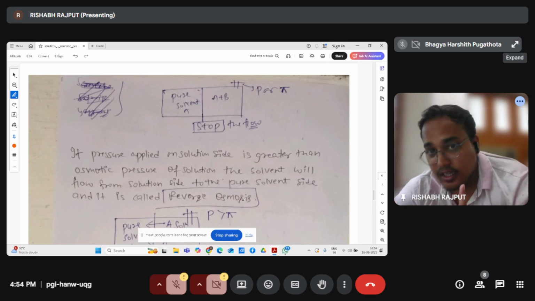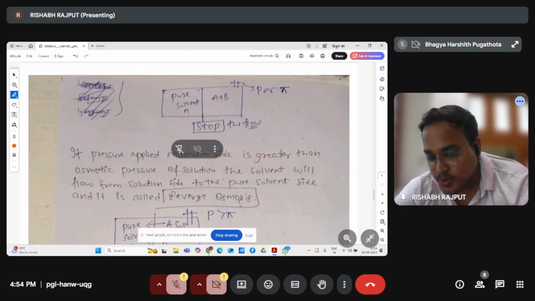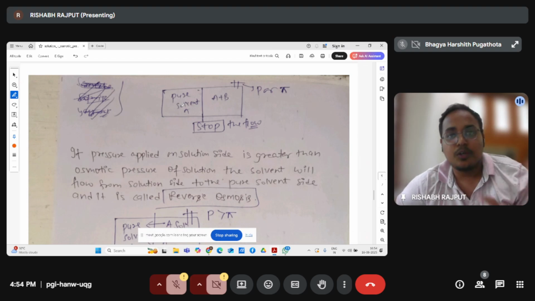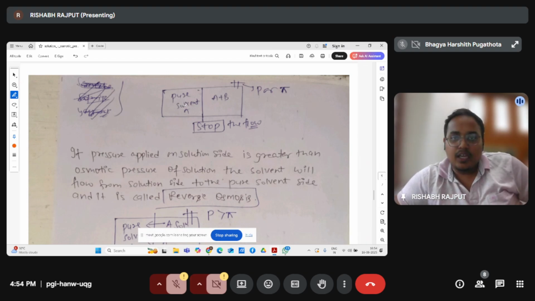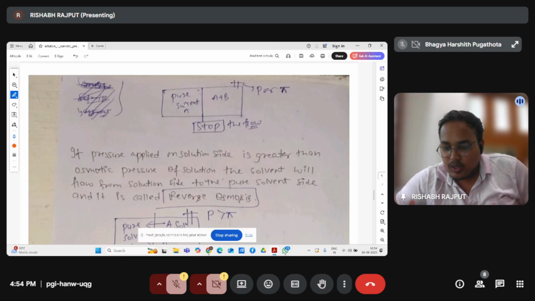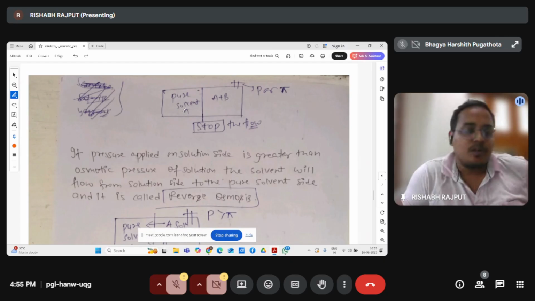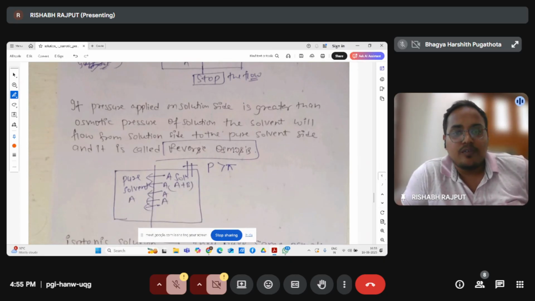But just understand, if I apply pressure more than the osmotic pressure, only the A particle moves from the solution to the pure solvent, not B. Don't think that B also moves. In the SPM we are using, only the A particle is allowed, not B. So B particles do not move across the membrane. Only the A particle, the solvent particle, is moving. That we call reverse osmosis.